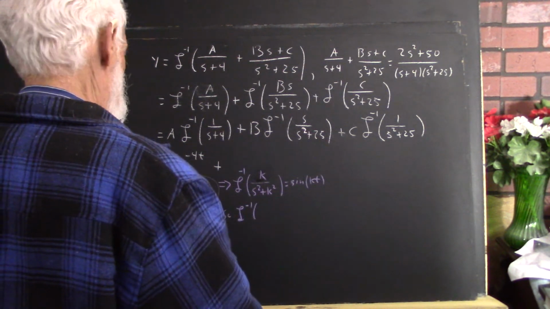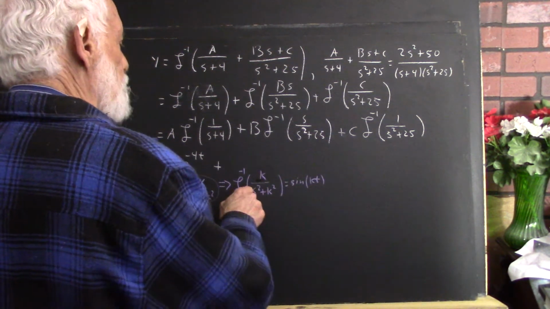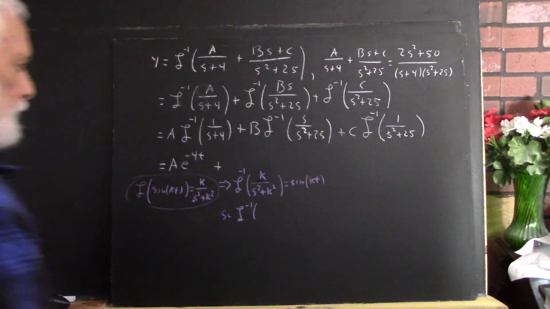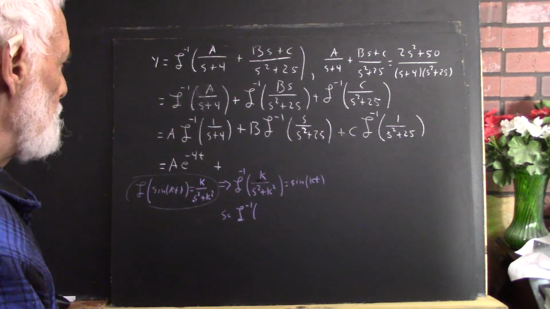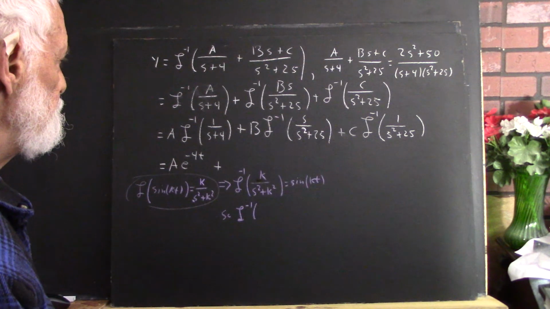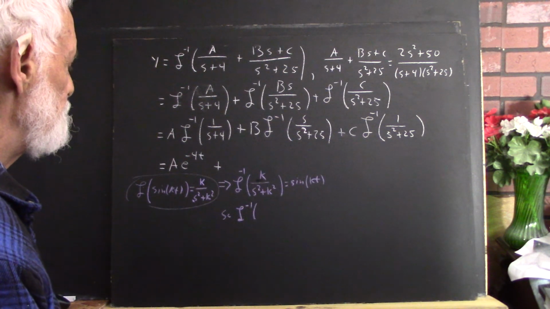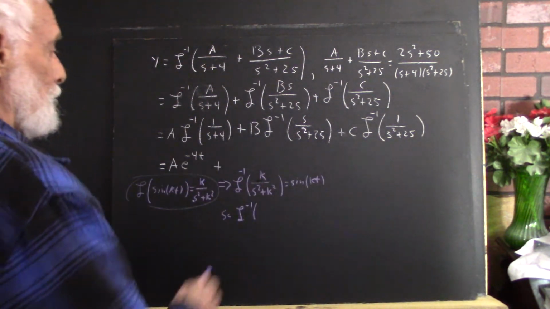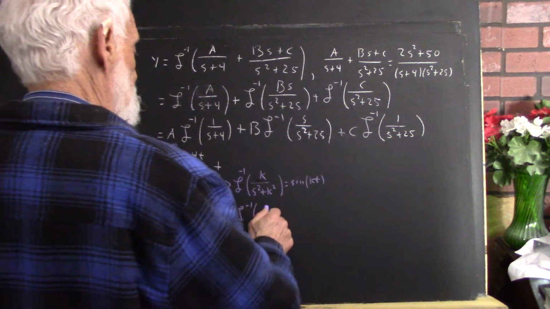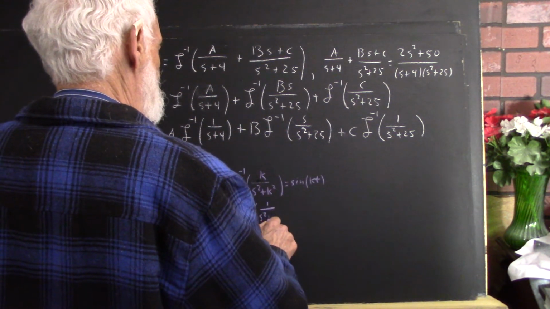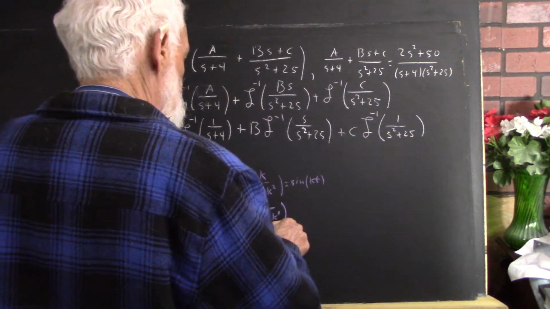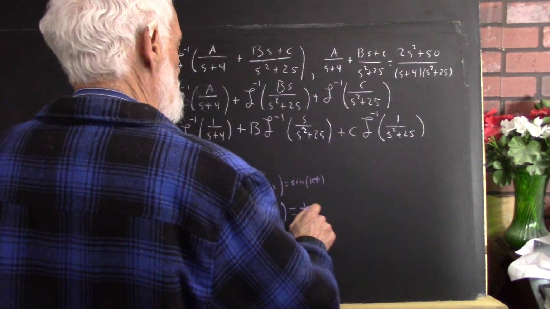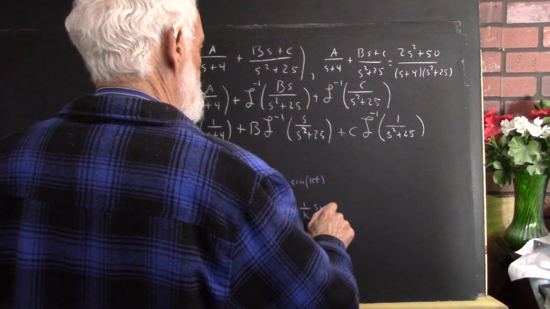Okay, so the inverse transform of k over s squared plus k squared is the sine of kt. Well, this is going to apply over here. Inverse transform of 1 over s squared plus k squared would then be 1 over k times the sine of kt.